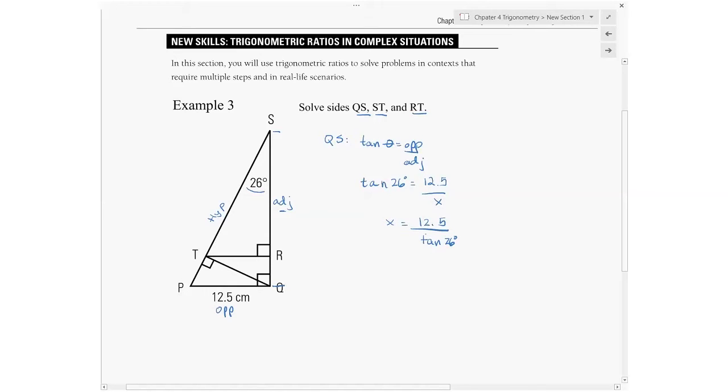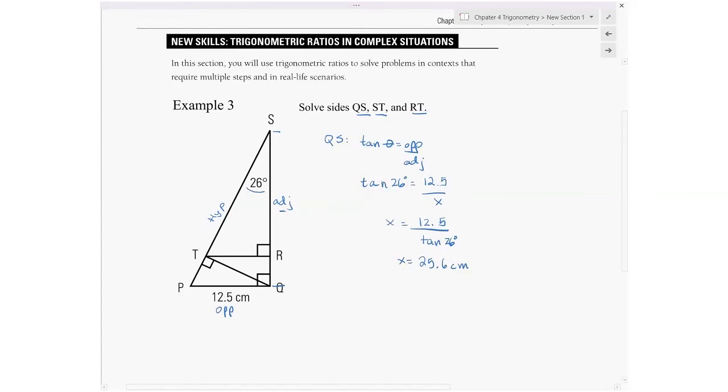So put that into my calculator. So 12.5 divided by the tan of 26, and again, make sure you know how your calculator works, and x is equal to 25. I'm going to go to one decimal place, so 25.6 centimeters. So that is QS.